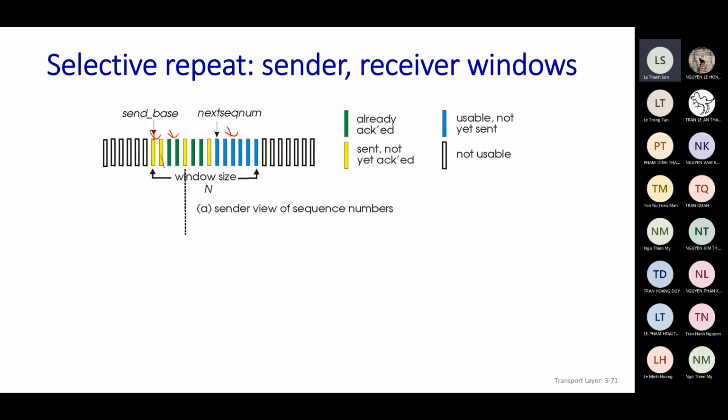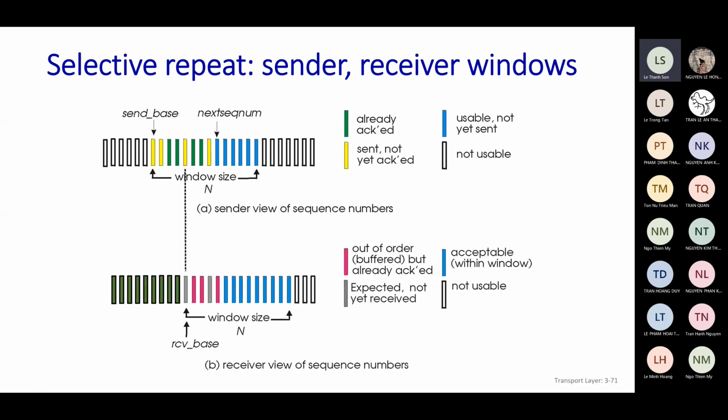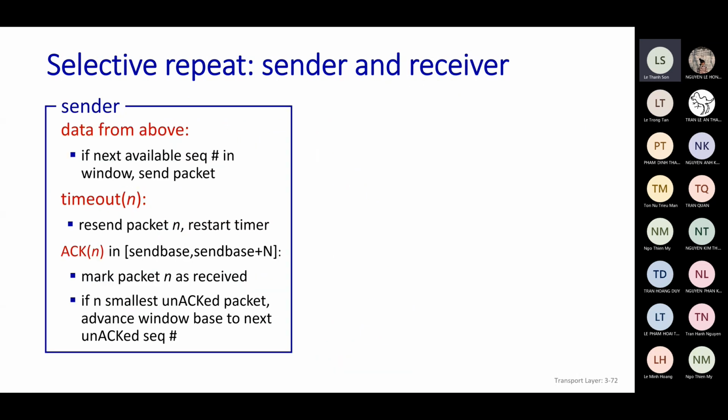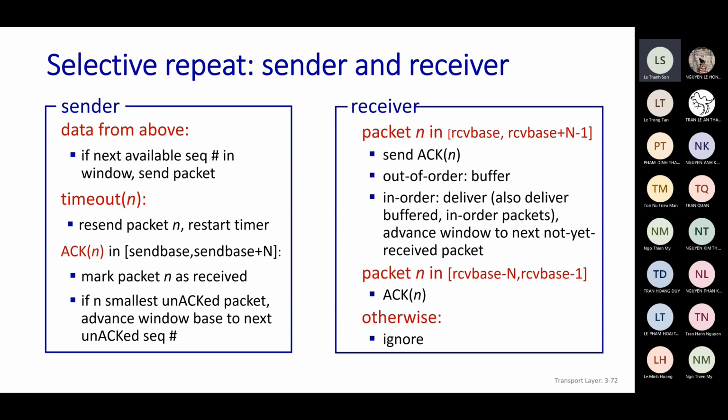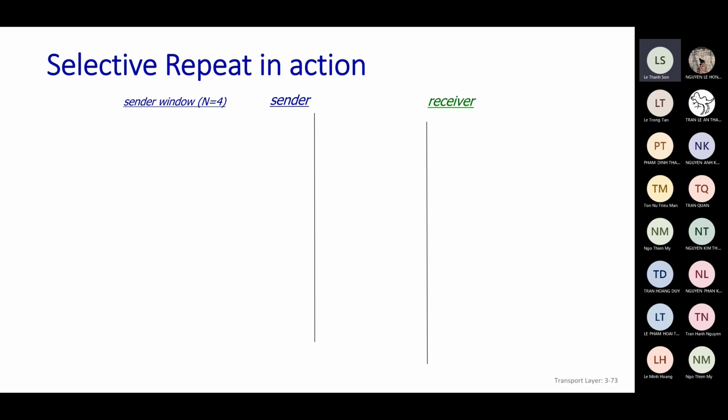But for sure, go back N requires more resources, because when you resend a packet, you need to resend all the packets of higher order than the current one. So there are pros and cons to go back N and selective repeat.